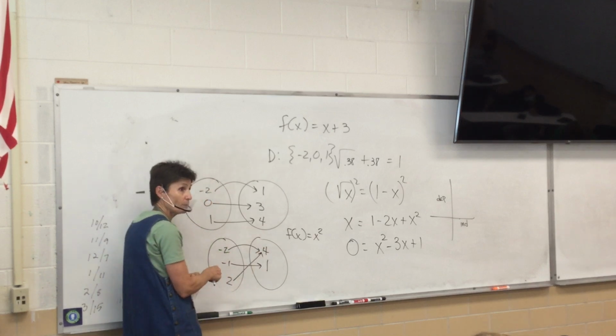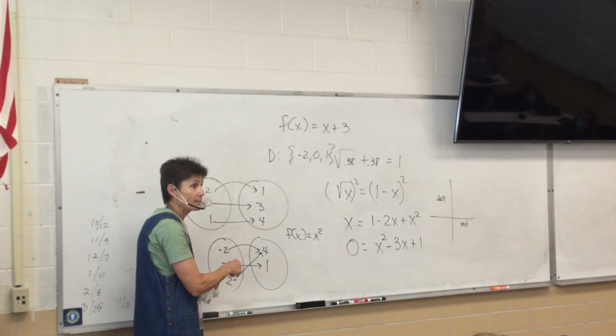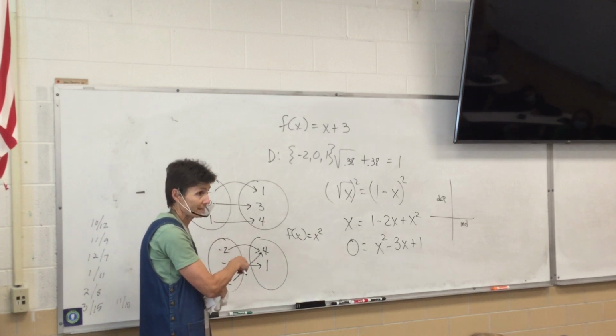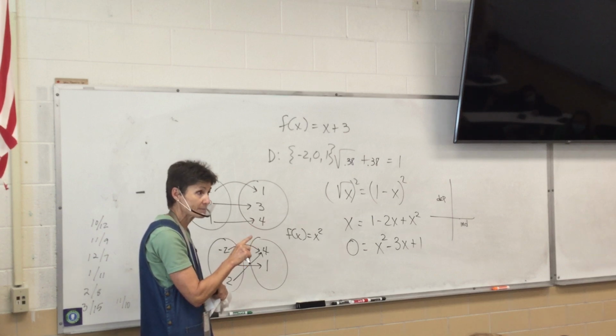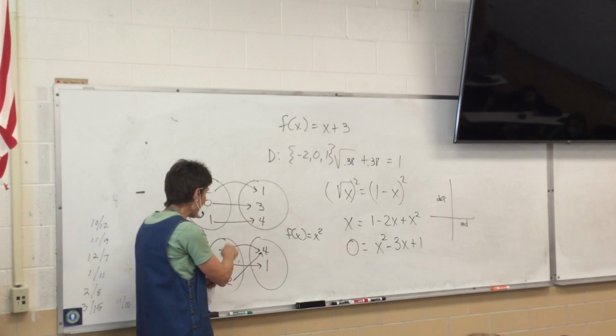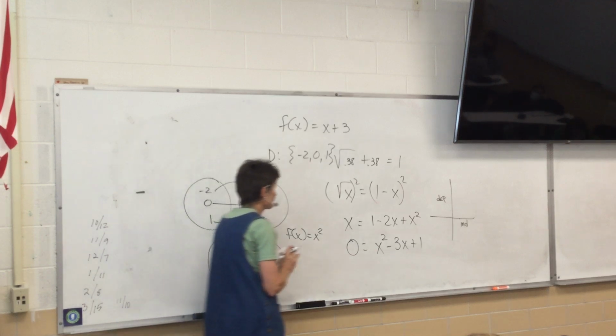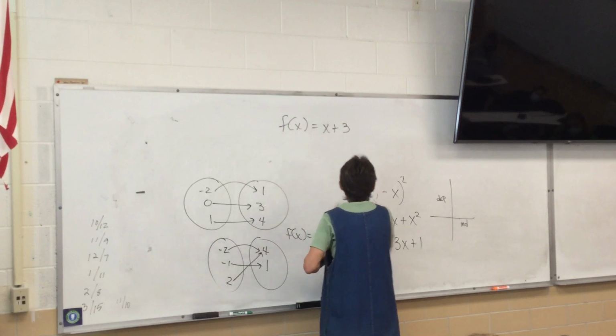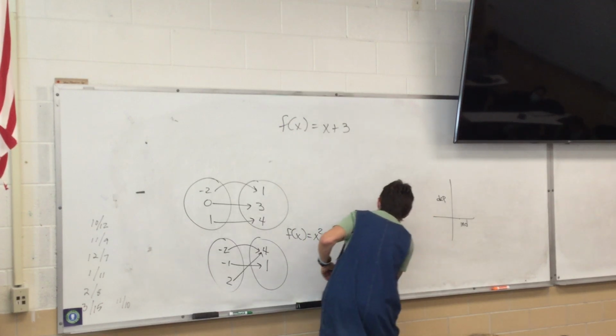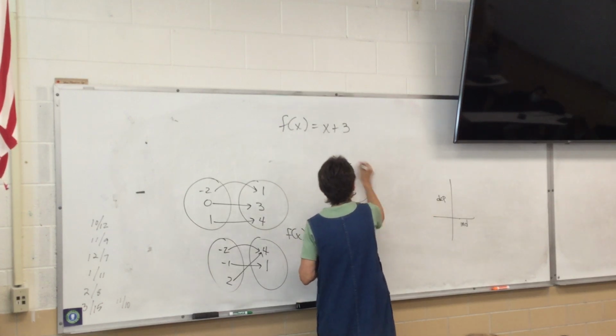That is perfectly okay. Because what's repeating in that map? Not the x's, the y's. So that's perfectly okay. What wouldn't be okay is having a map that looks like this.